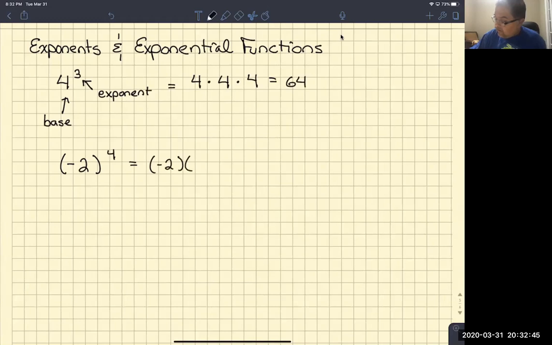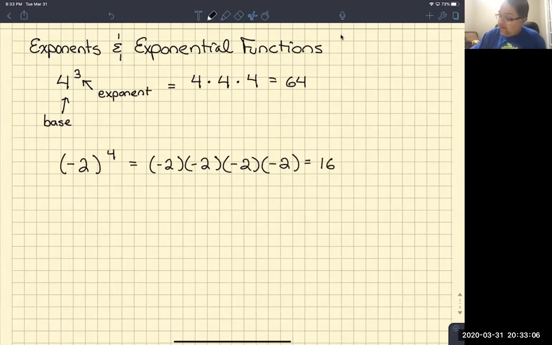And if I do the arithmetic, I get -2 times -2 is +4. +4 times -2 is -8. -8 times -2 is +16.